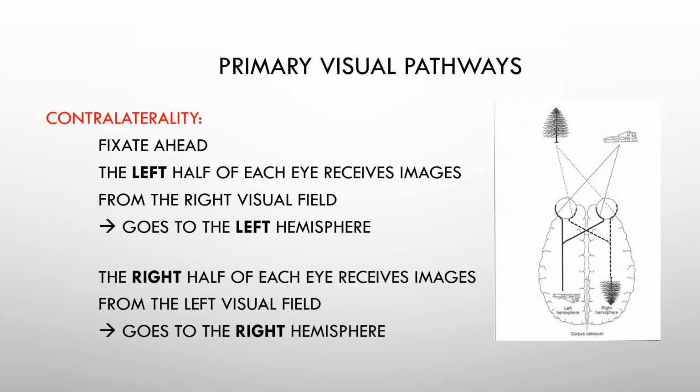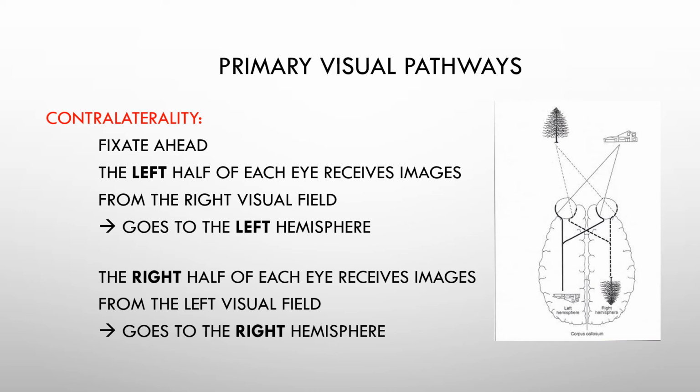If I'm looking straight ahead and the tree is off to the left, that part of the image, because again it's flipped and upside down, is hitting the right half of each retina. And so the right half of each retina is going to send that information back to the right hemisphere. And what you can see is for the outsides of the retina, I'm sending that back ipsilateral.